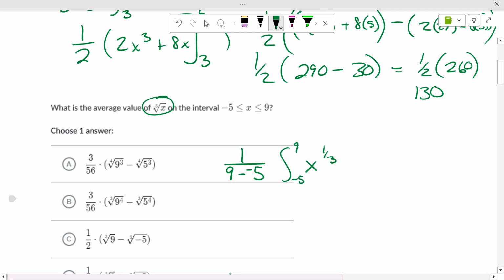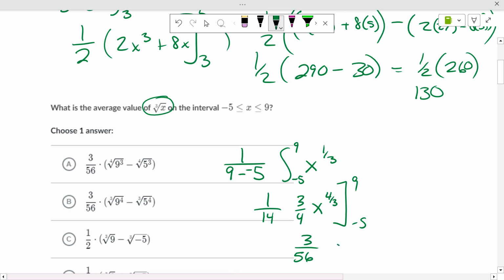Well, first, what's 9 minus negative 5? 14. And then x to the 1/3 power makes it x to the 4/3 power with a 3/4 in front, from negative 5 to 9. Well, if you multiply these two, you get 3/56, right?